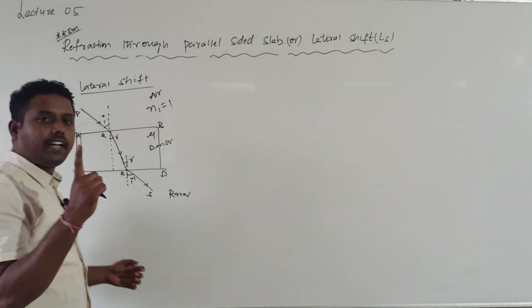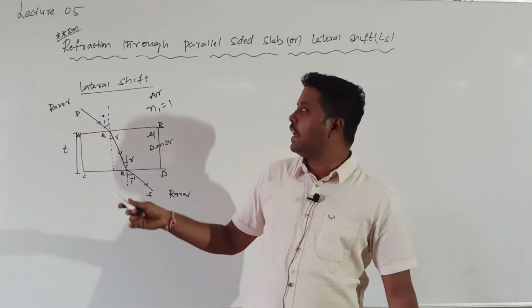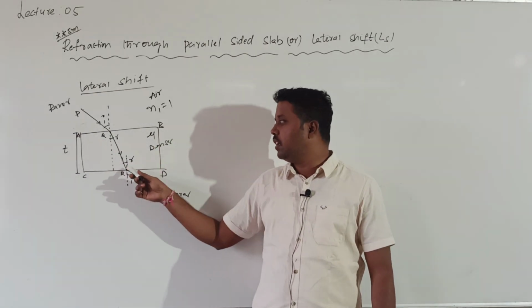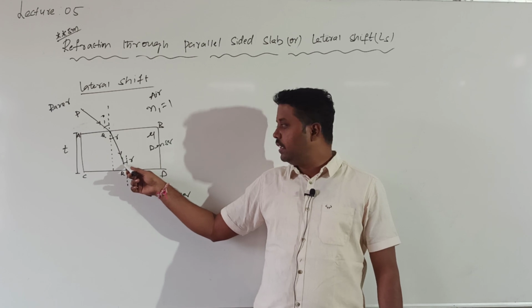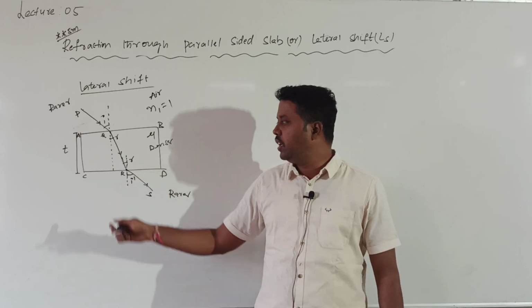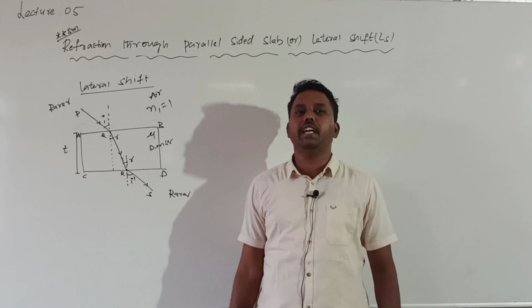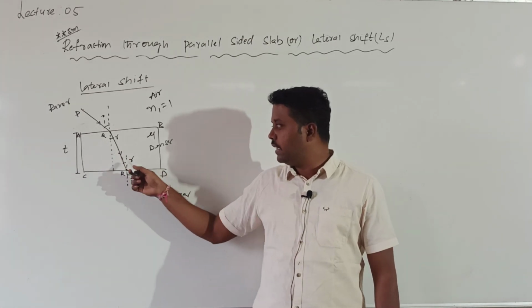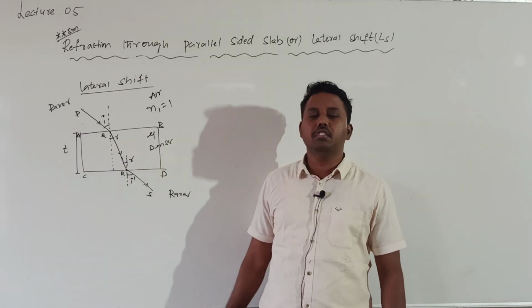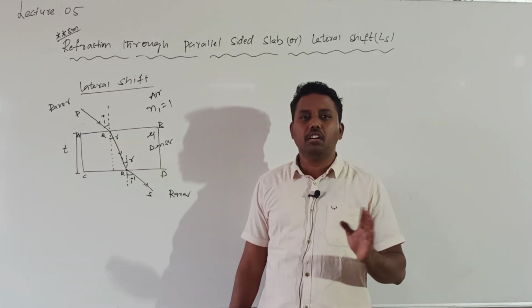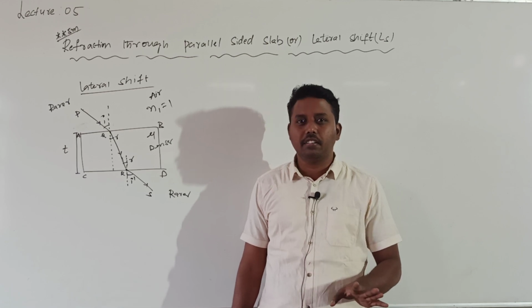Here only one point I consider: inside the glass slab the angle of refraction at the first face will become the angle of incidence at the second face. Even you can show this with alternate angles. If I take this value r1 and this value r2, we can show r1 equals r2 by applying Snell's law.